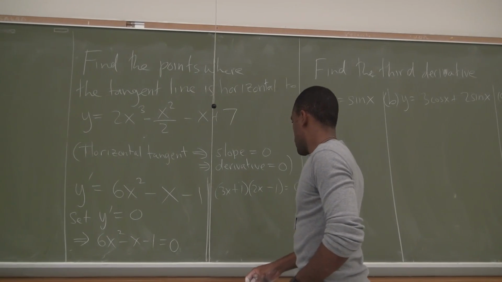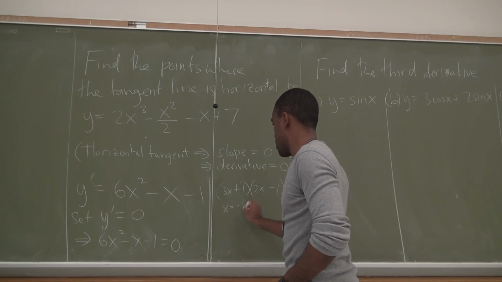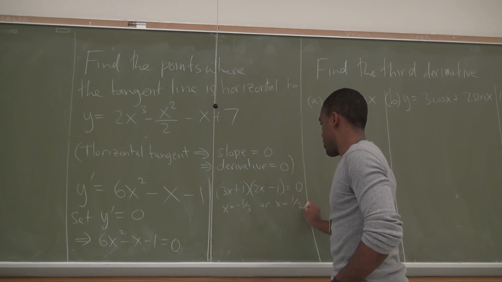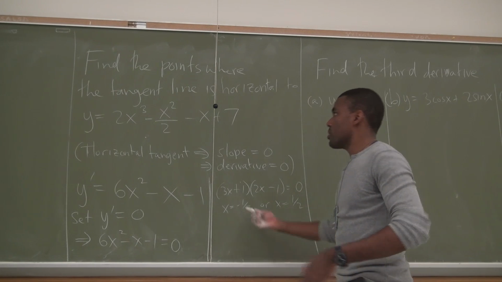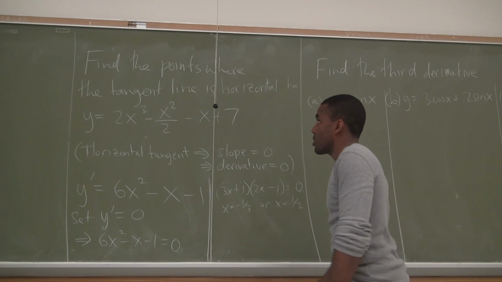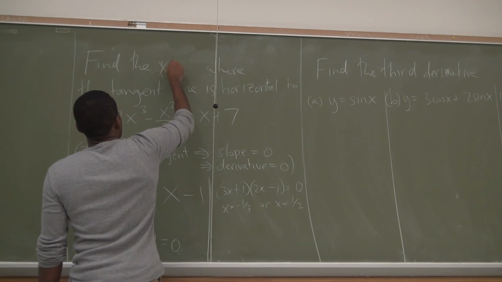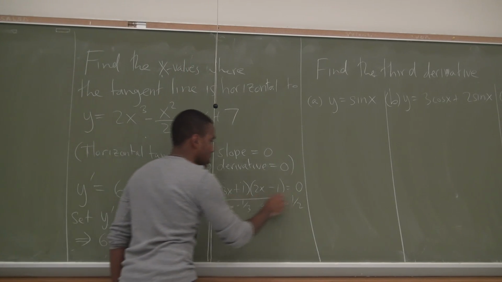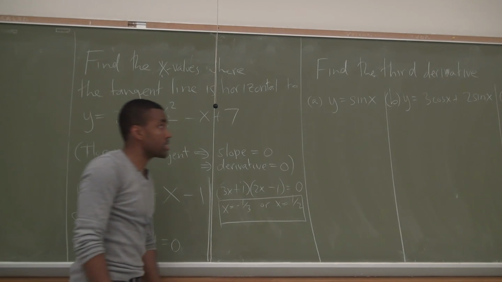So x equals minus a third, or x equals a half. And if you want to find the points, you plug in here and find the corresponding y values. That makes sense. So that would be where the tangent line is horizontal. Horizontal tangent line means slope is 0. Find derivative, set equals 0.